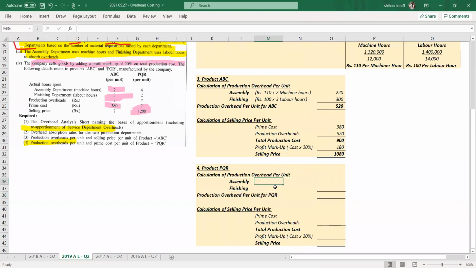Assembly, PQR, it's 110 rupees into 4 machine hours. And 100 into 2 labor hours.